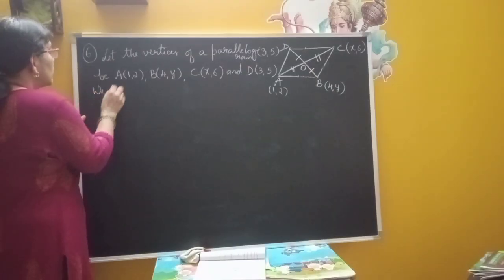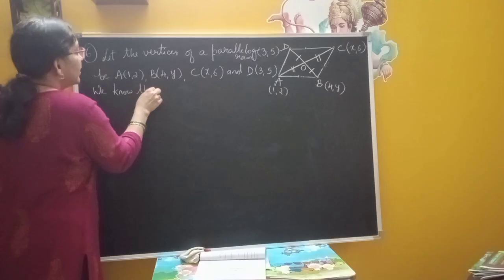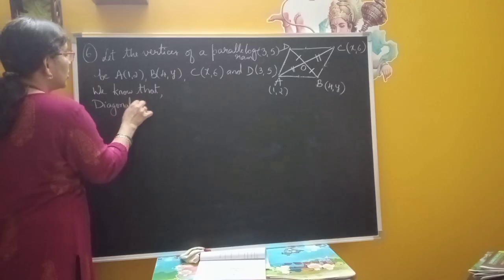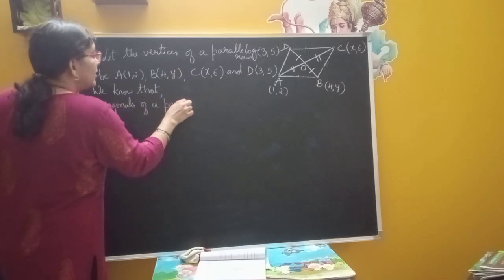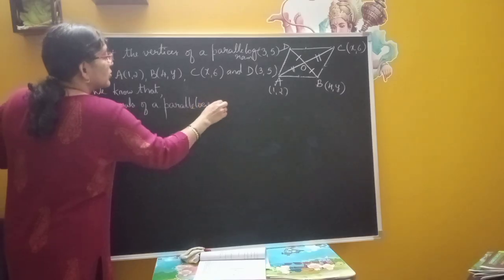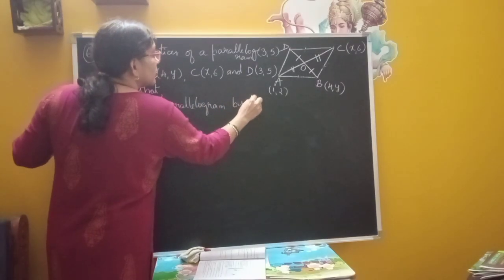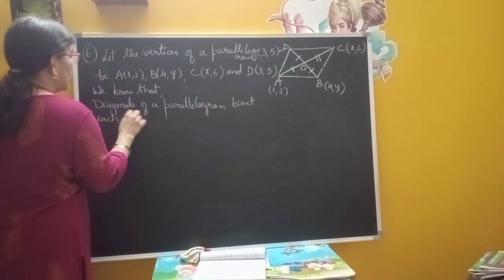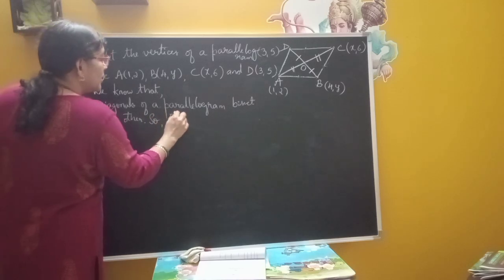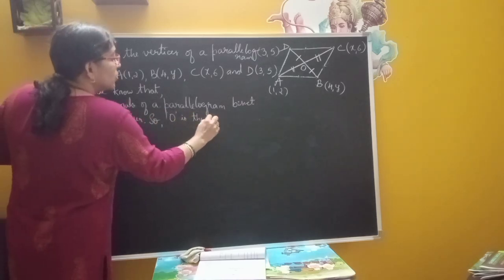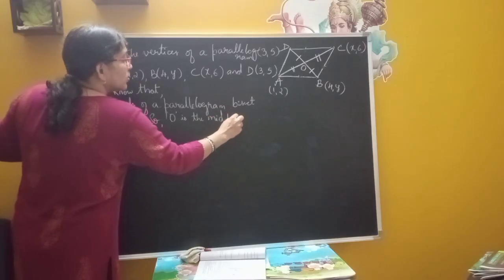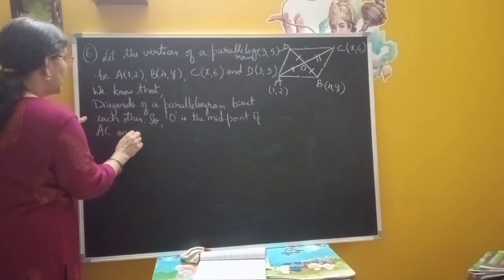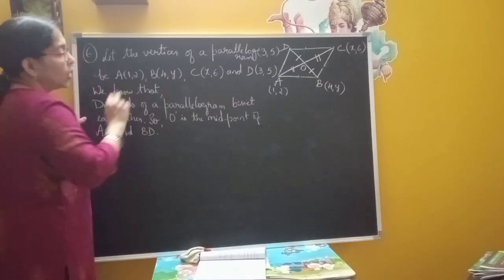We know that diagonals of a parallelogram bisect each other. So, O is the midpoint of AC and BD.